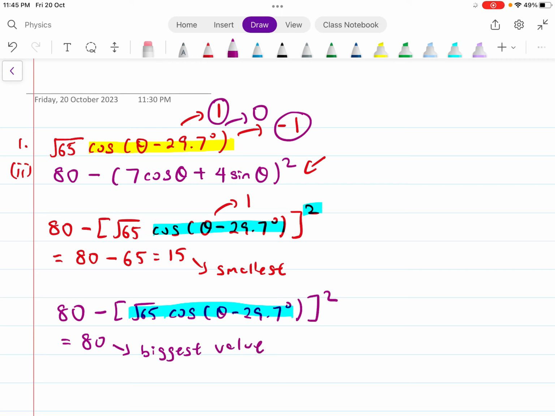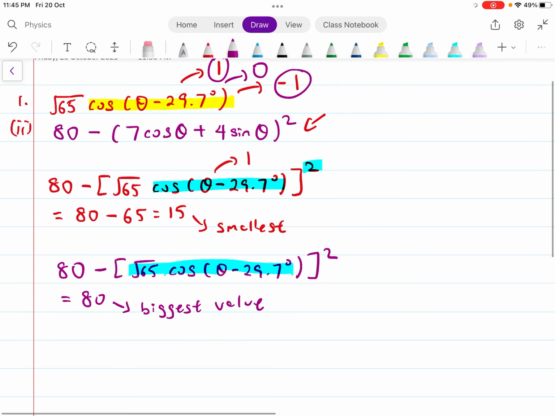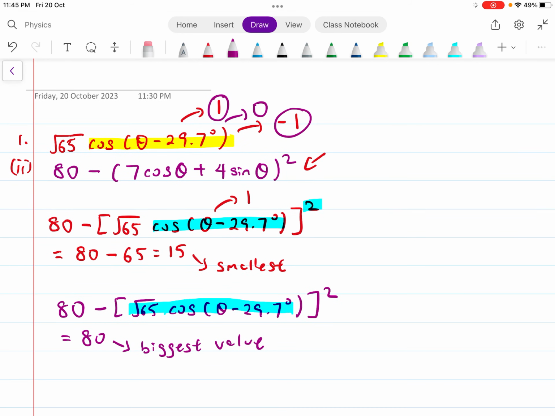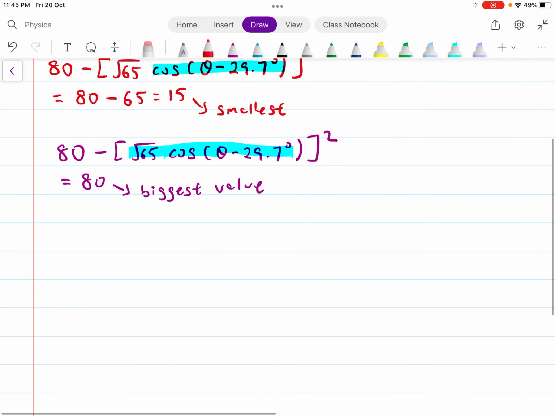Okay, with this we are asked to find the corresponding values of theta. Let's determine our 15 first. Since I already said that my cosine of theta minus 29.7 degrees is equal to 1, I just equate this to 1 and solve accordingly.